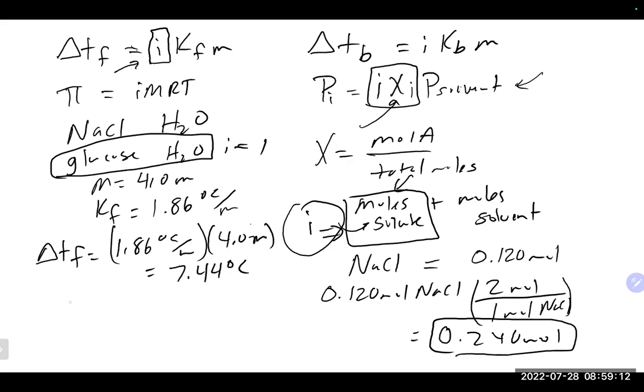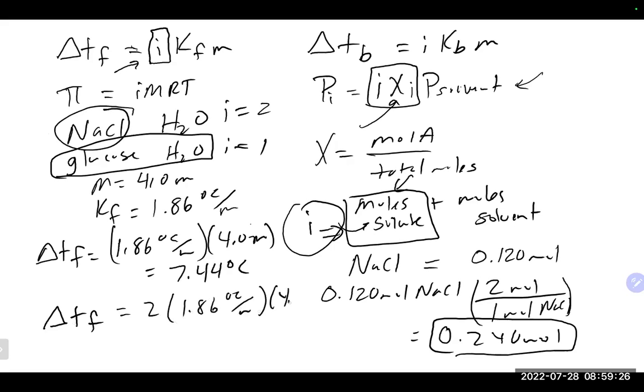If we did this same calculation with the same values, but it was sodium chloride we put in there, then I would equal 2. And we would end up with 2 times 1.86 degrees Celsius times 4, a change in temperature of about 14.88 degrees Celsius.